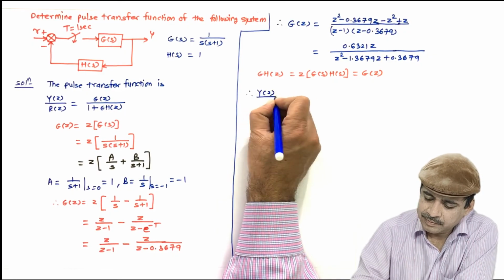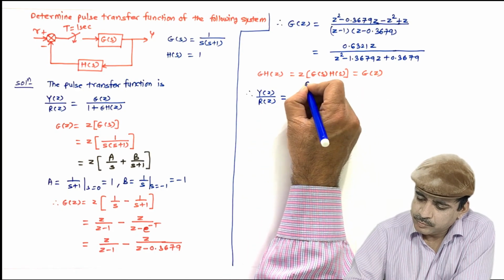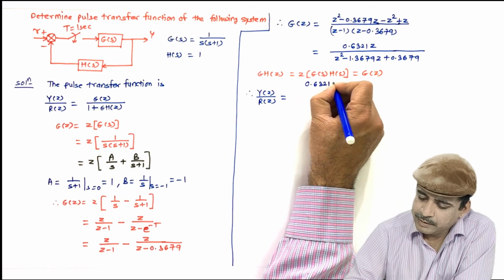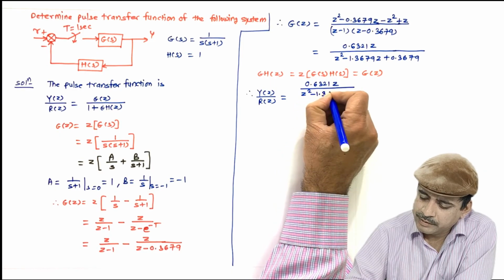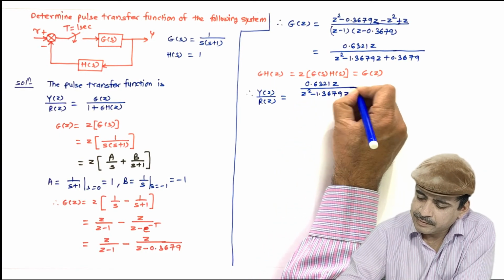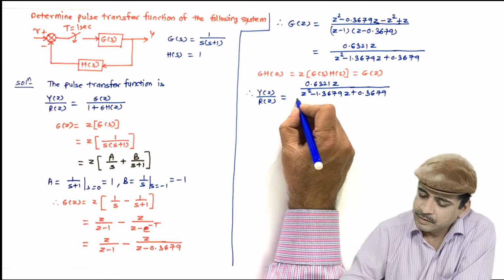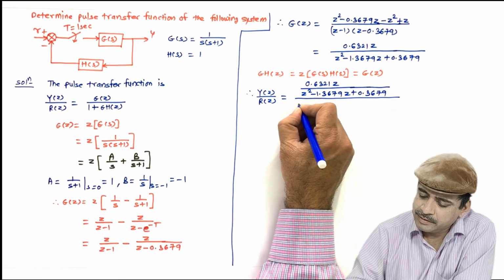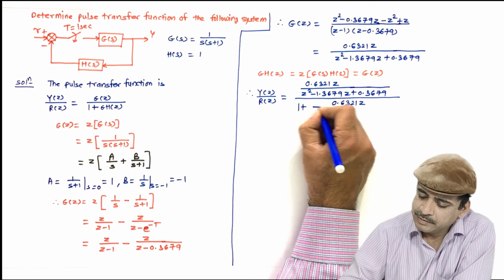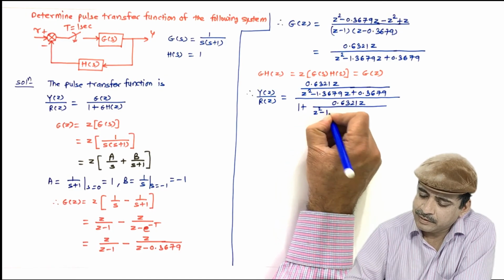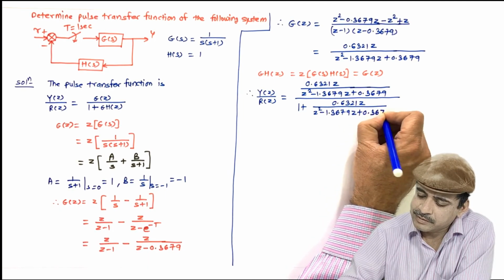So y of z by r of z will be equal to 0.6321 z divided by z square minus 1.3679 z plus 0.3679, divided by, this is G of z, so 1 plus again the same term, 0.6321 z divided by z square minus 1.3679 z plus 0.3679.